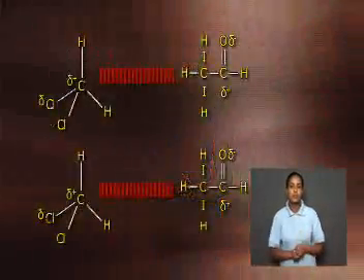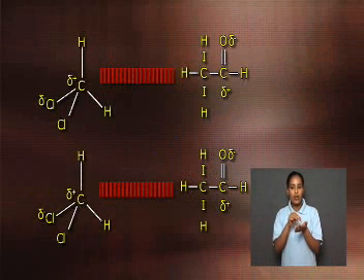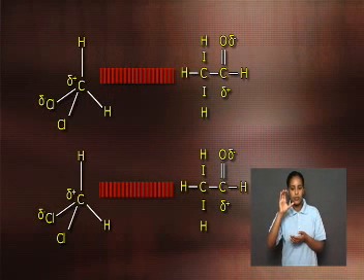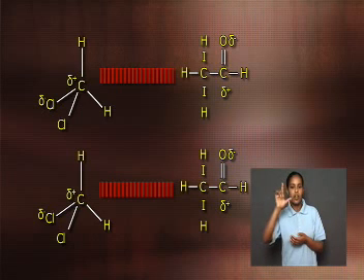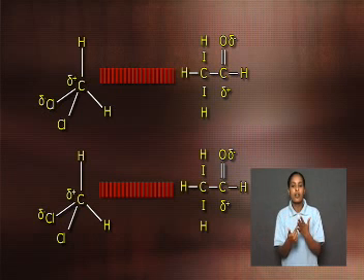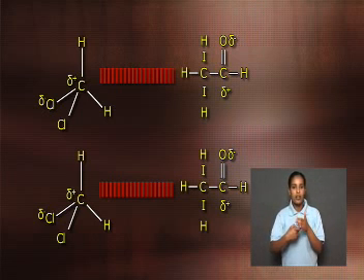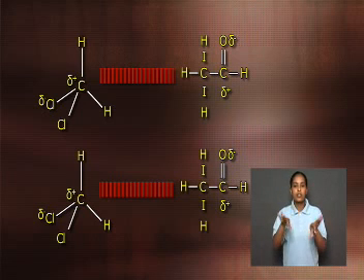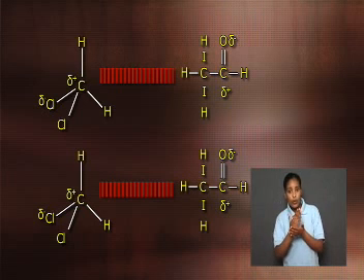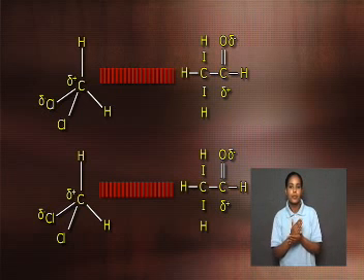Let us look at an example. The molecules of methyl chloride and ethanol have a similar size and mass. However, methyl chloride has a smaller dipole moment than ethanol. As a result, less energy is needed to overcome the dipole-dipole forces between methyl chloride molecules.